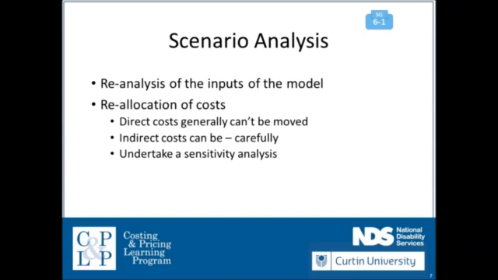So therefore, this is a really important aspect to appreciate, that when you're looking at scenario analysis and looking at how you might adjust costs, or how you might adjust the quantum of services or the quality of services, in one sense it's a movement of deck chairs to try and get the balance.